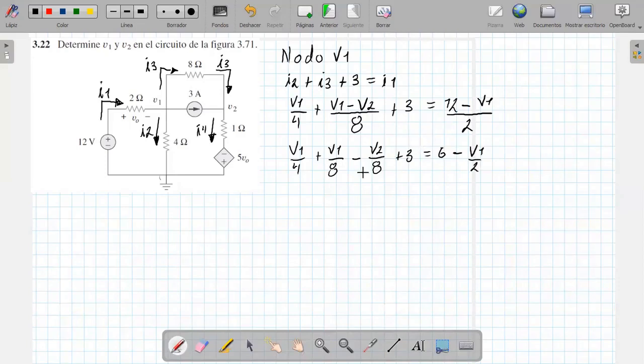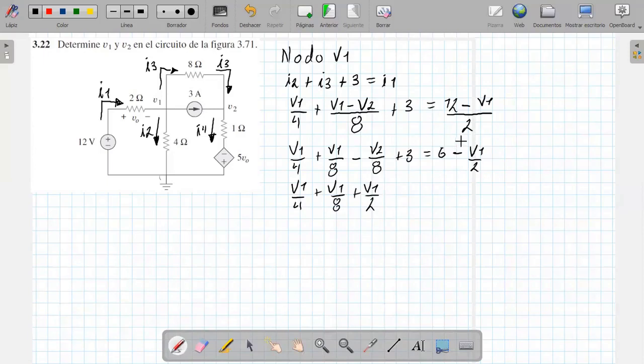Well, everything that has a variable on one side is going to be passed to one side, and whatever is a constant to the other side. So I'm going to have V1 over 4 plus V1 over 8 plus V1 over 2.